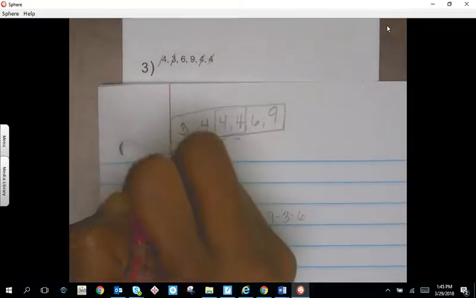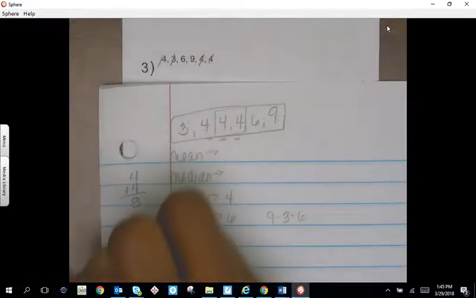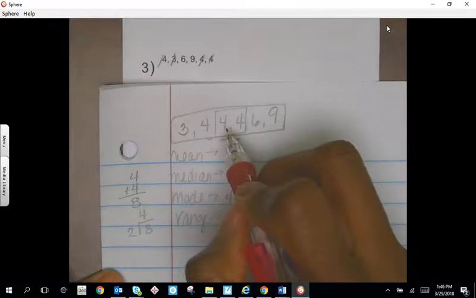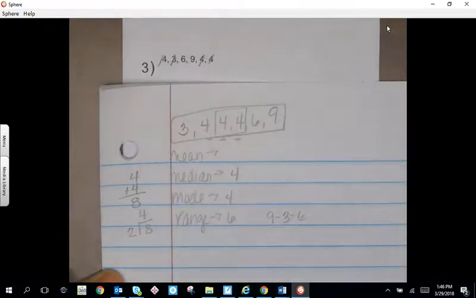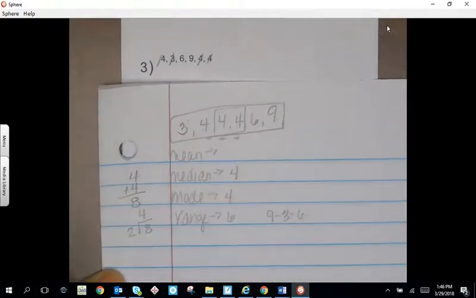I'm going to add those numbers together and divide by 2. 8 divided by 2 is 4. So my median is 4. Now this time both of the numbers were the same, but sometimes they're going to be different. So you always want to go through the process. Add those two numbers that are in the middle together and divide by 2.